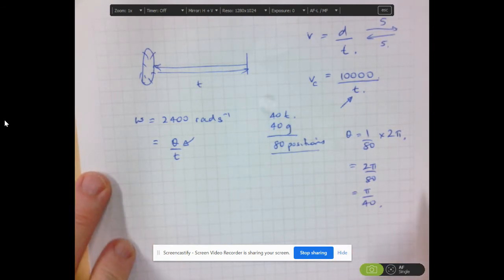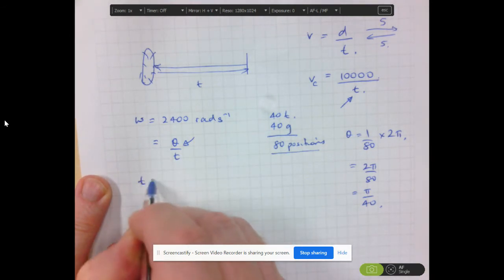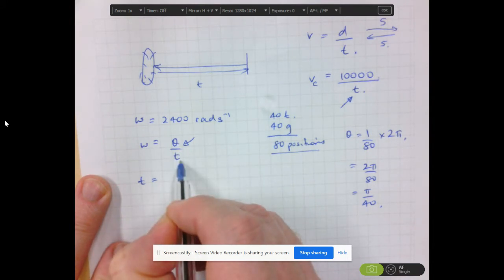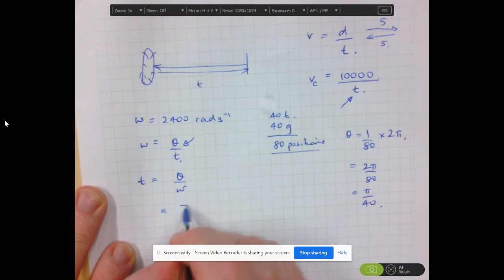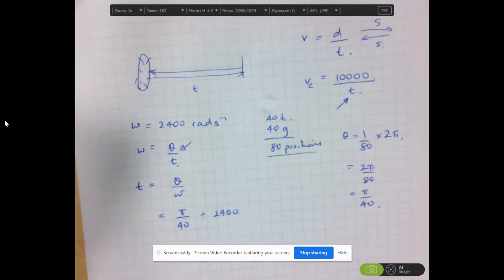Using our formula again, if omega is equal to theta on t, then time would be theta on omega. So that is pi on 40 divided by omega, which is 2,400 radians per second.